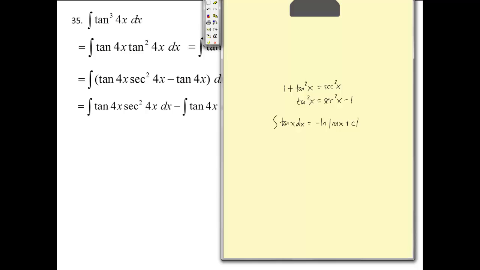Since we know that, the integral of tangent 4x dx should be negative 1/4 the natural log absolute value of cosine 4x plus c. Don't forget the absolute value there. So this last integral, look how easy it's going to be. There it is: negative 1/4 natural log absolute value of cosine 4x.